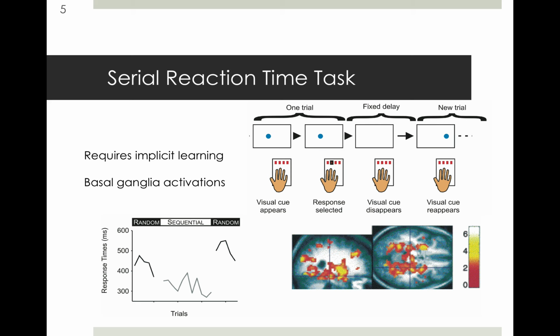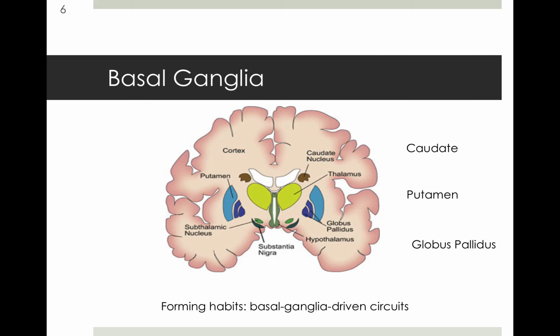So this difference between the structured sequences versus the random sequences, the difference in reaction time, maps on quite well to implicit learning ability, which then maps on quite well to differences that are observed in the basal ganglia. So this is kind of a blurry image of a bunch of activity in the basal ganglia. So let me just show you a little bit more specifically where the basal ganglia are.